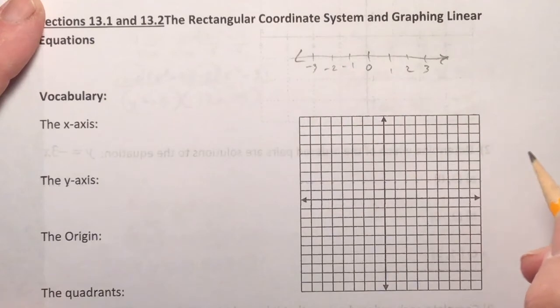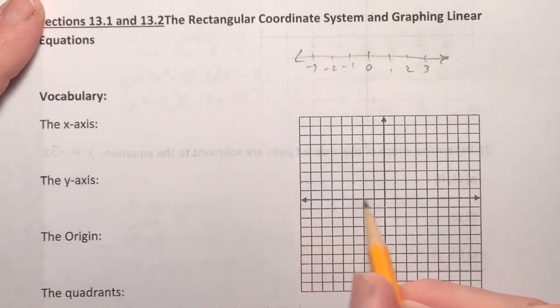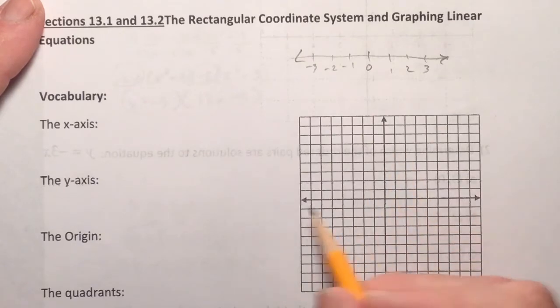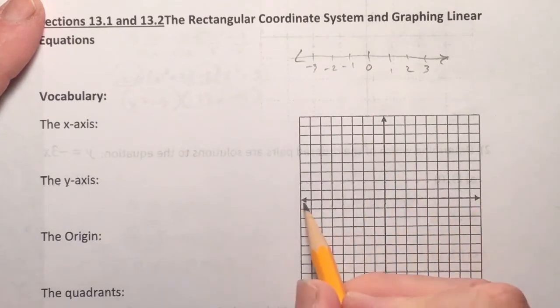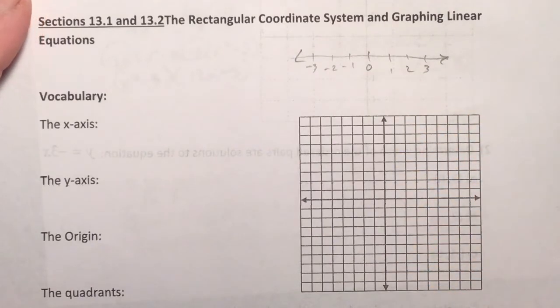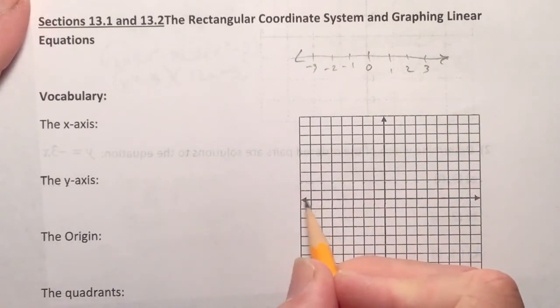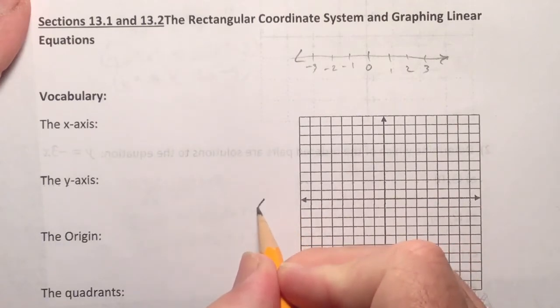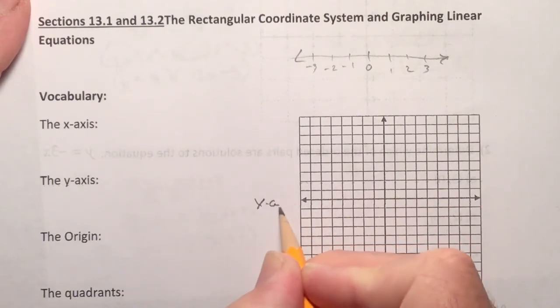Okay. Basically, what we're going to do is that's that number line right here. But we've got two number lines. We got one that's horizontal and one that's vertical. Now this horizontal one, this is going to be your x-axis. That's what most people call it.